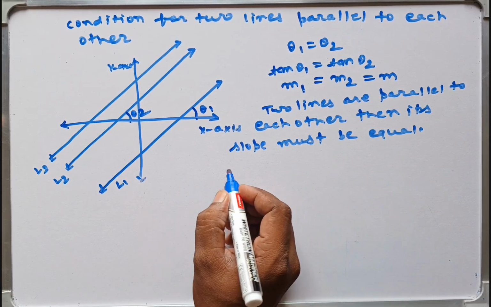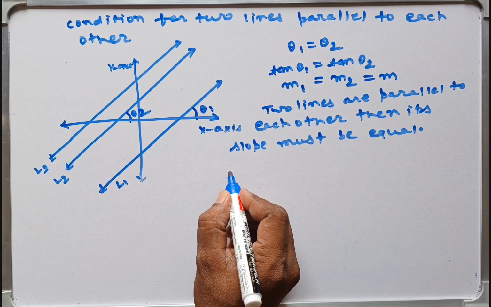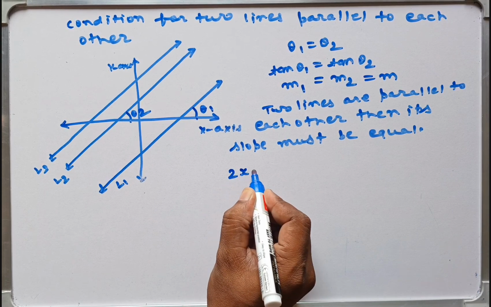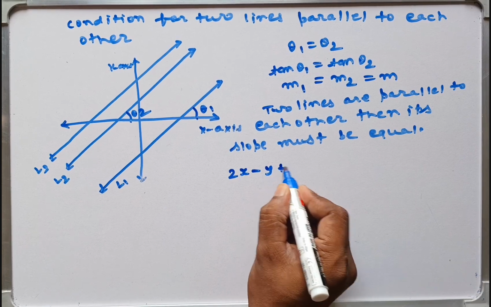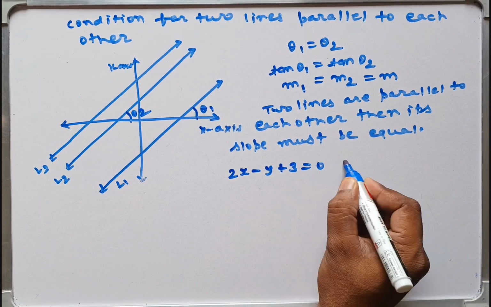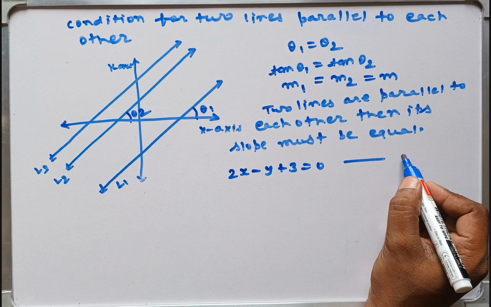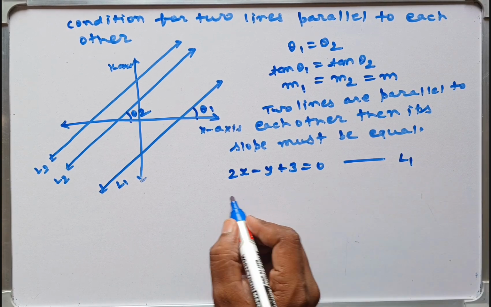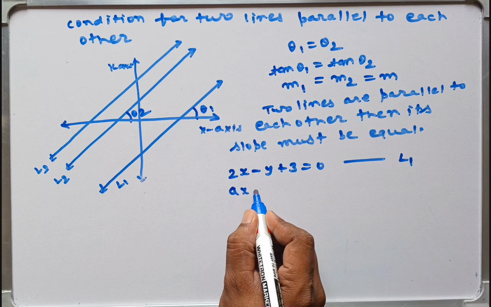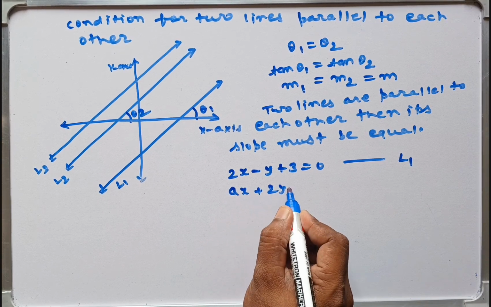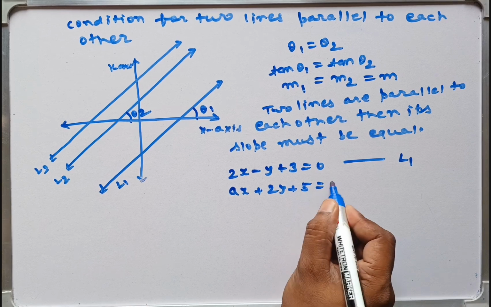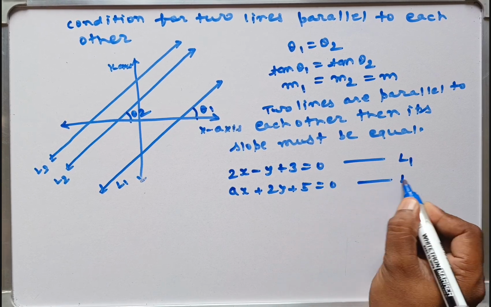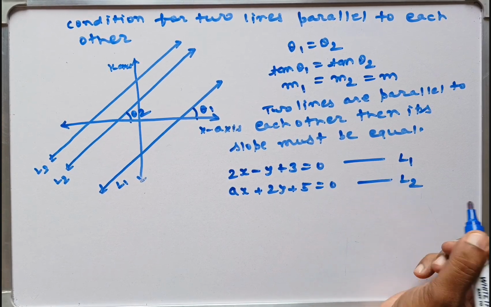Suppose a line whose equation is 2x minus y plus 3 equal to 0. So this one is, say, L1. Another line is ax plus 2y plus 5 equal to 0. So this line is L2.